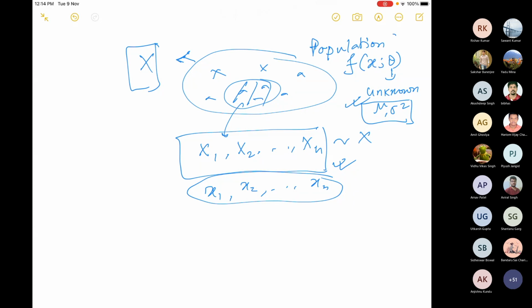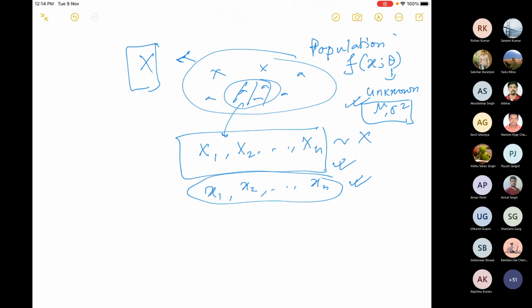Anyway, we have the sample data x1, x2, small xn, and we want to estimate the values of the unknown parameters mu and sigma square. We discussed different techniques to estimate these values associated with the population random variable.